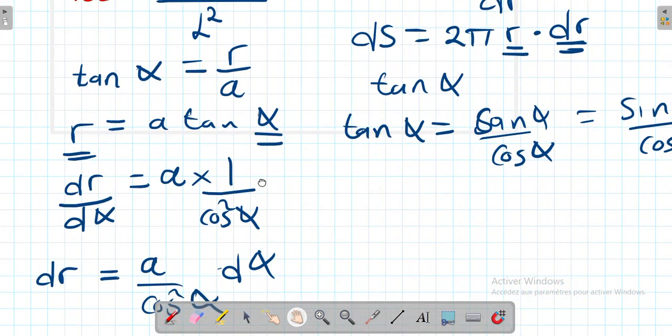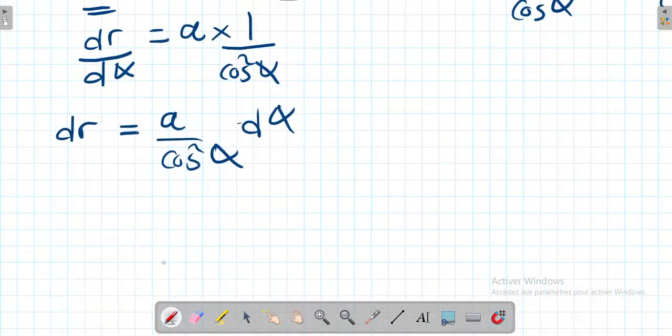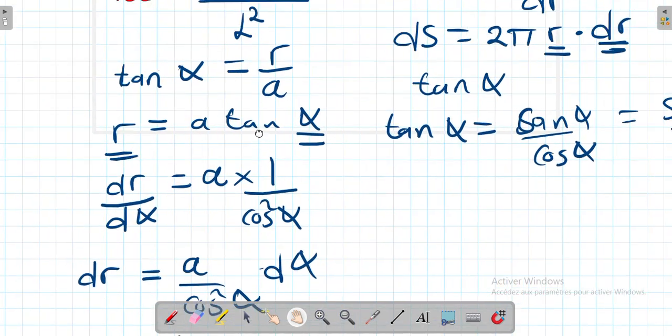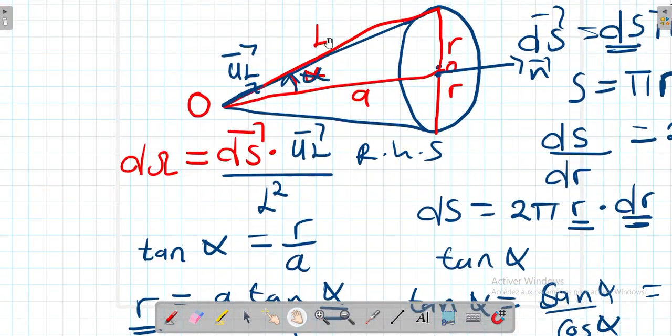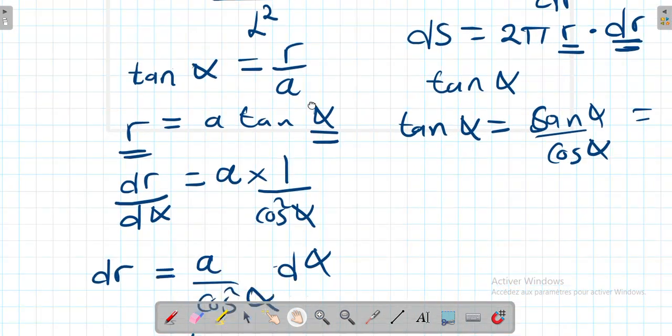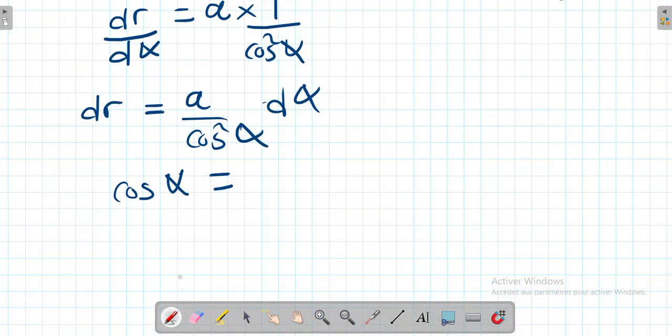Cos alpha is equal to adjacent A over the hypotenuse L. Why are we using cos? Because we can't choose sine, because sine will give us the radius.